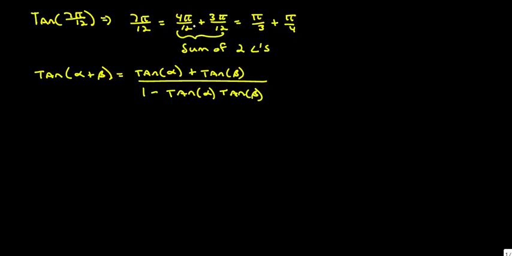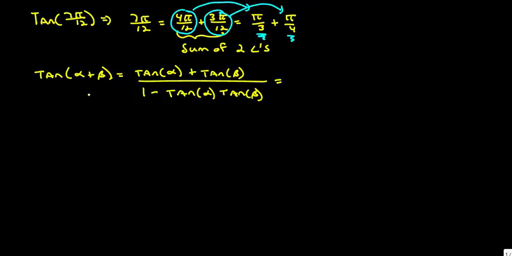So here's what I'm going to do. When I get these two values out for my angles, these hop over to here and here. I want to check, do I know the tangent values? Because my formula includes only tangent. Do I know pi over 3 and pi over 4?